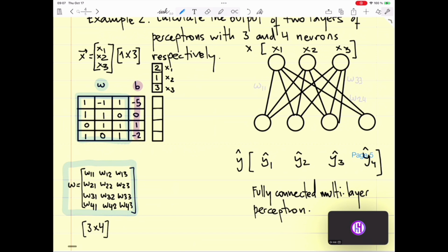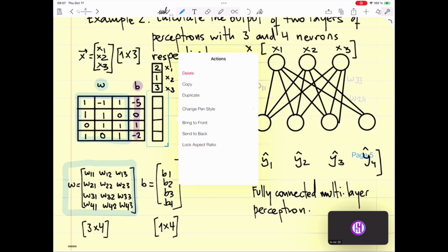Dimensions of b is 1 times 4. So if we want to calculate all this, we want to do it taking the dimensions into consideration. That's why we do it in a graphical way. It's way easier, in my opinion, to understand.